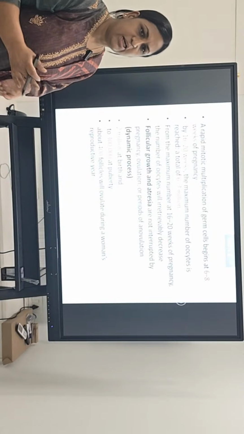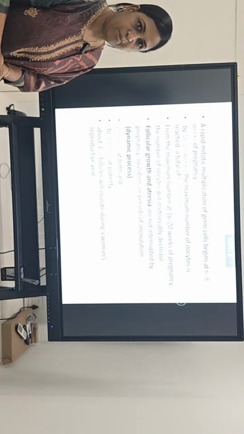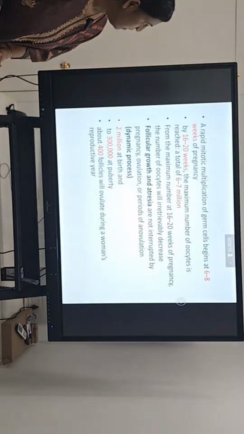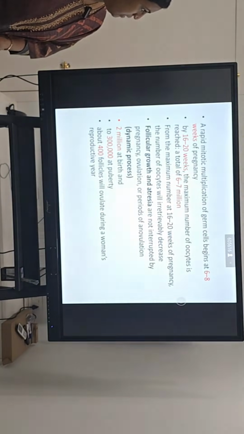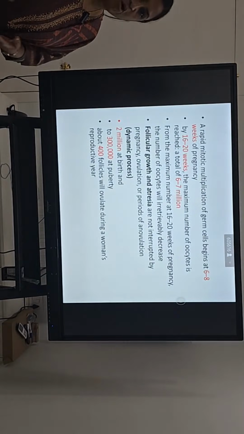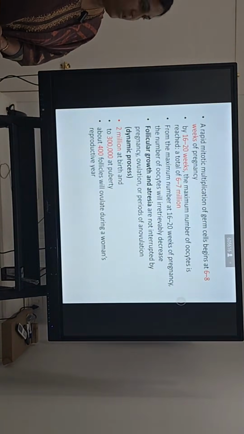At around 16 to 20 weeks of gestation, the oocytes are at their maximum number, around 6 to 7 million. Thereafter, there is a gradual fall in oocytes, which continues throughout the woman's life.